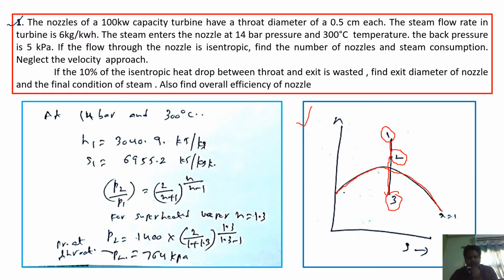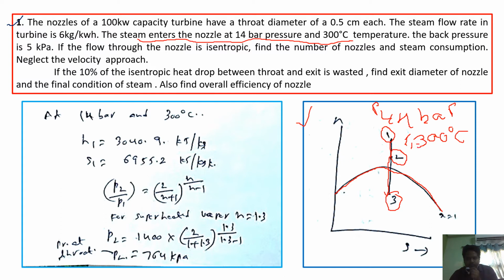Now in the problem they have given that the steam enters the nozzle at 14 bar pressure and 300 degree centigrade. So at 1 the pressure is 14 bar and temperature is 300 degree centigrade.